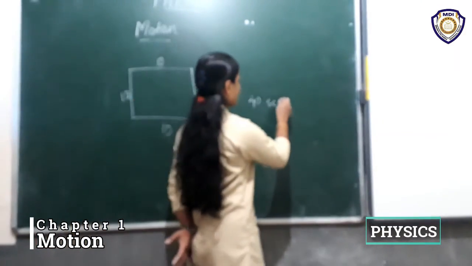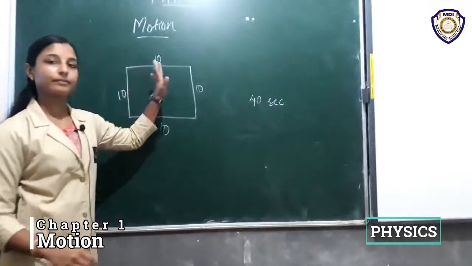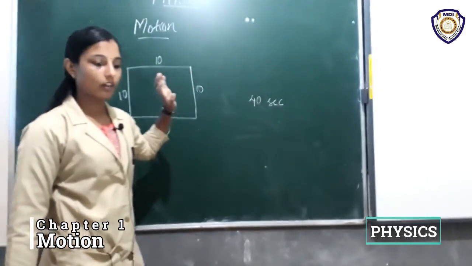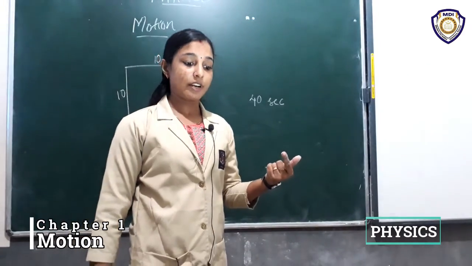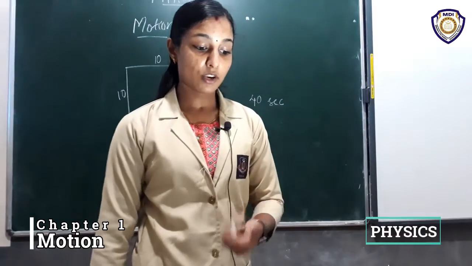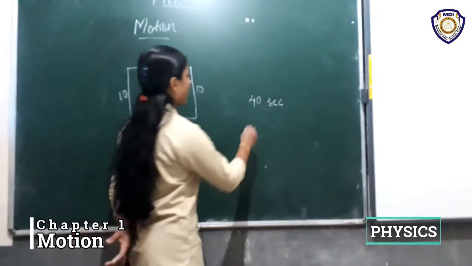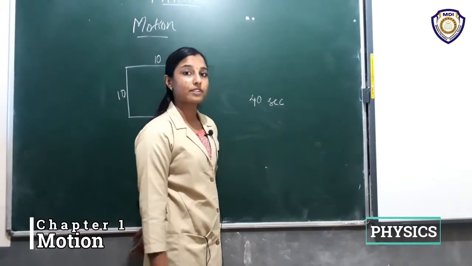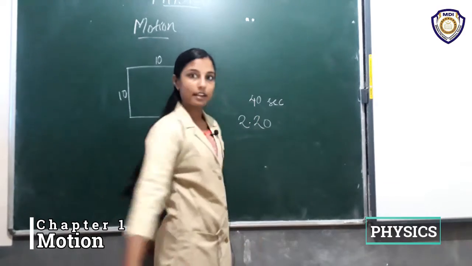Then what is the question? What will be the magnitude of displacement of the farmer at the end of 2 minutes and 20 seconds?